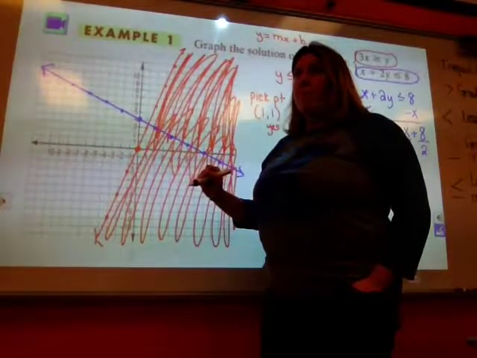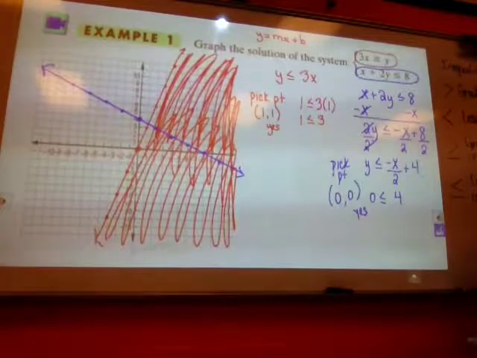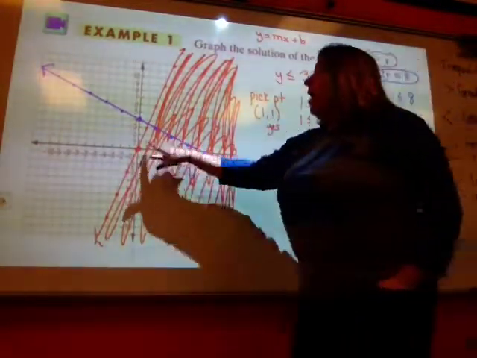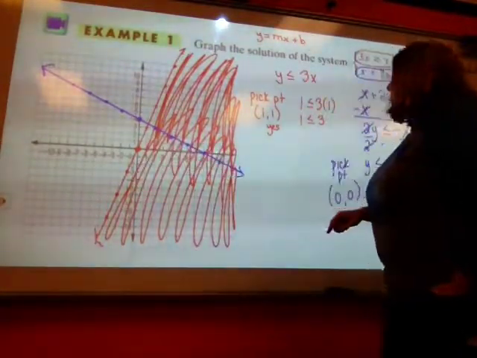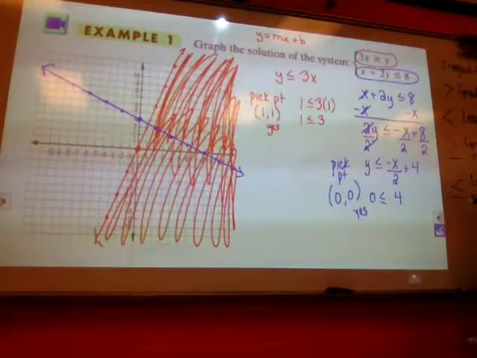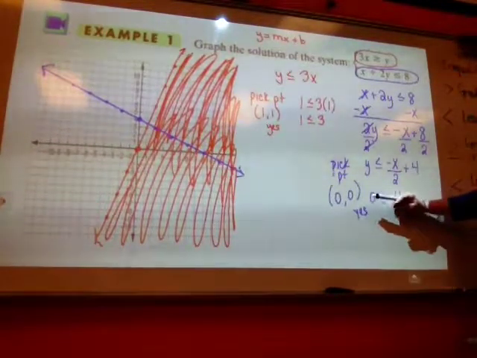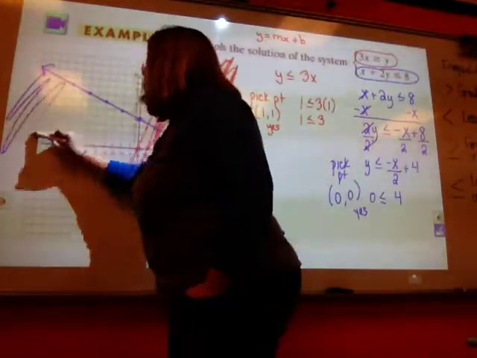Did you have to use the very beginning equation? No. Could I have used the same point I used here? Yes, because it's not on the line. So 0, 0 is the point that I'm picking, and I'm going to shade everything this way.